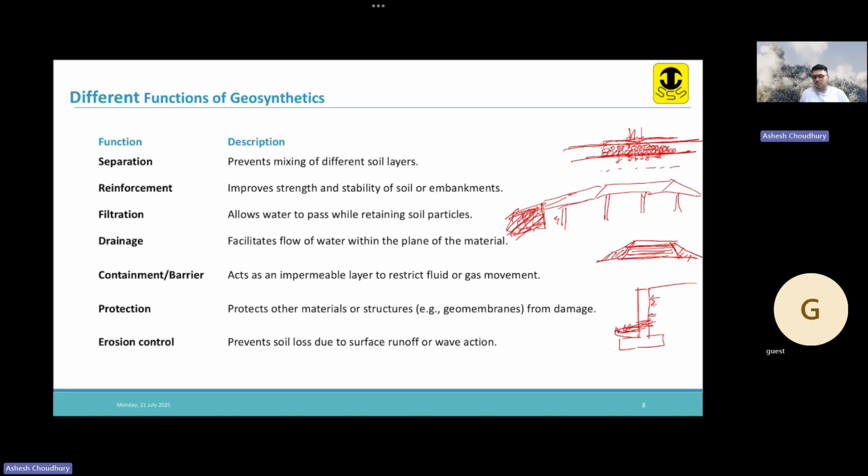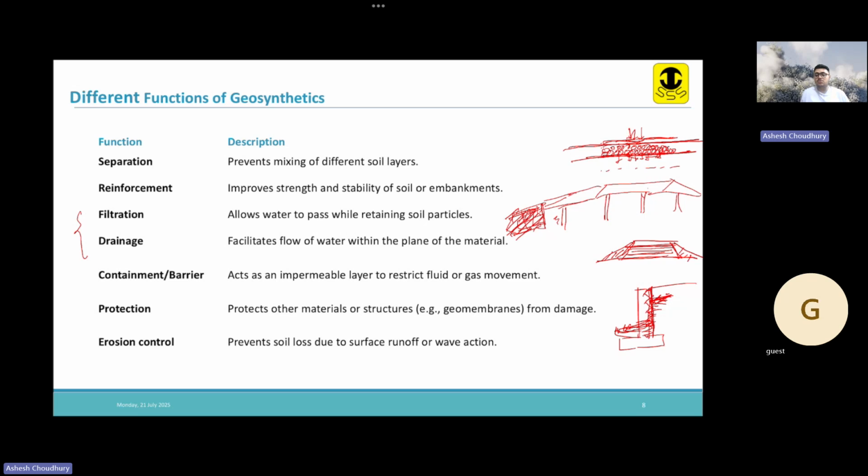For that, we place a layer of filter material and a drainage material here. These go hand in hand, filtration and drainage. We will place a filter material between the soil and the wall. The filter material will allow the water to pass, but it will prevent the soil particles from passing. Then we put a drainage layer here.